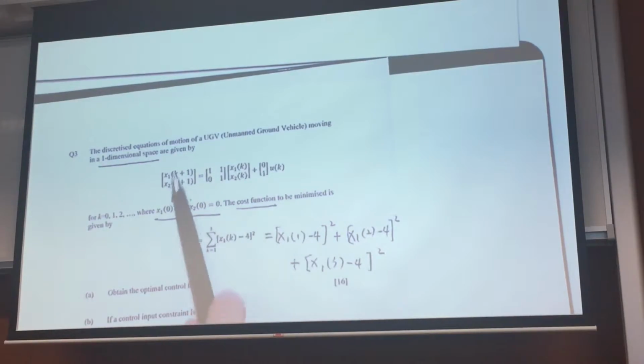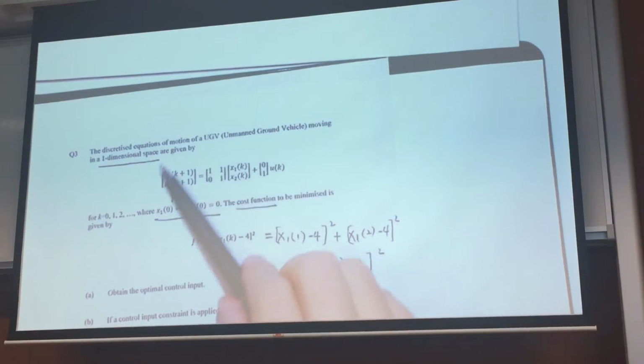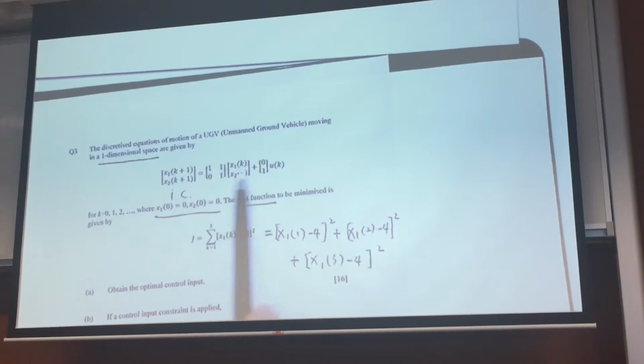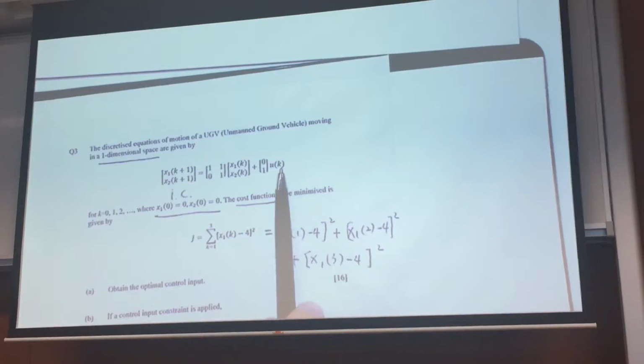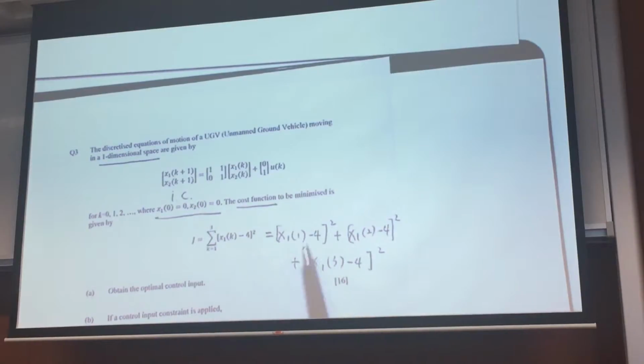And here we have the update equation. By using this update equation, as you remember in the pendulum example, from this iterative update equation we can change it to an equation that just depends on the initial condition and all the inputs. The initial conditions are given, so eventually this cost function will only depend on the control input.